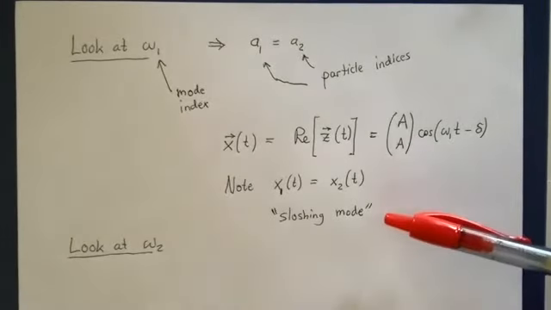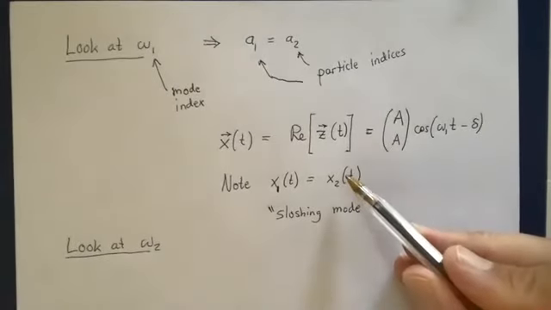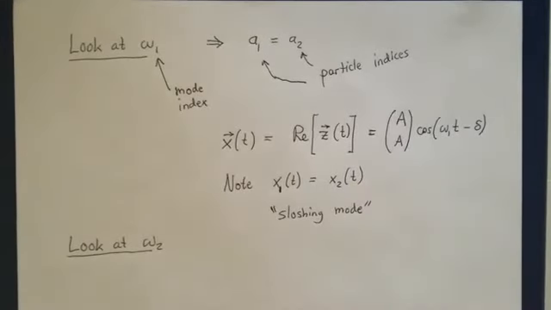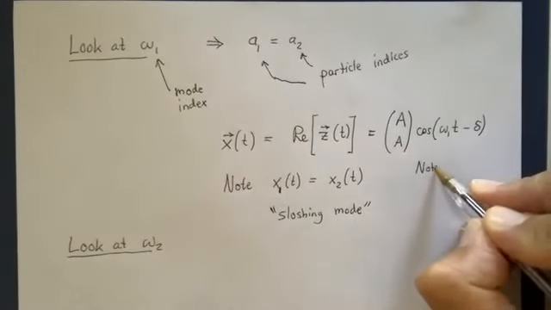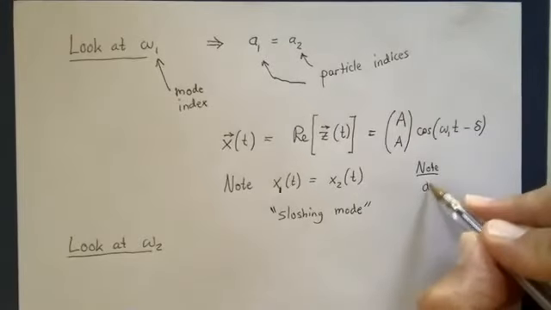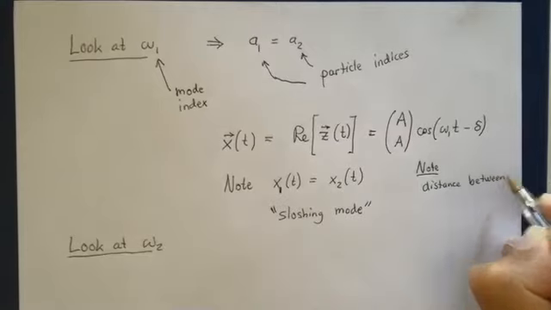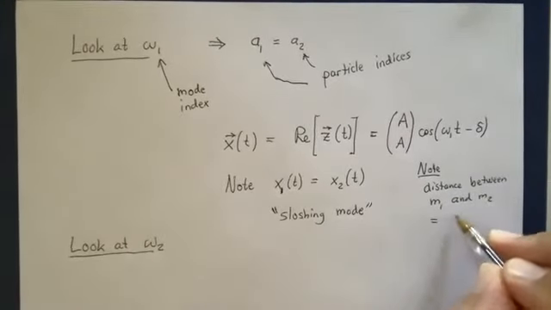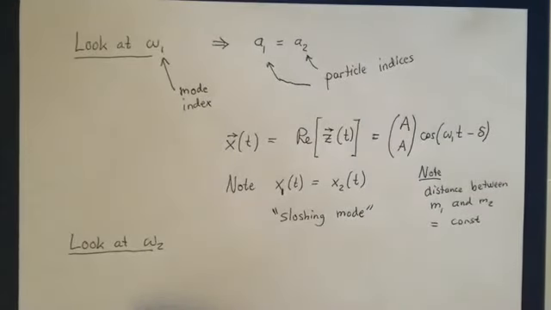And let's also observe for this sloshing mode, remember the two particles are equal. Notice the distance between the particles is constant, right? So this is a remark to help with our intuitive understanding. So note, the distance between the particles is constant. Okay, so the distance between these two particles is a constant.